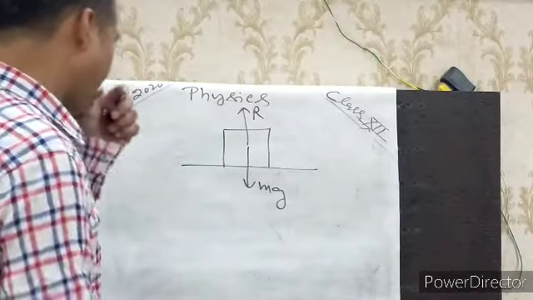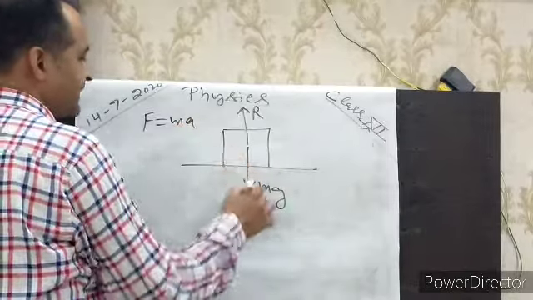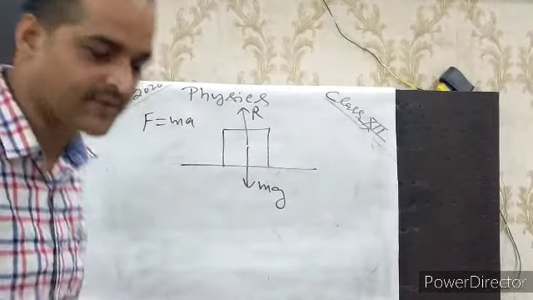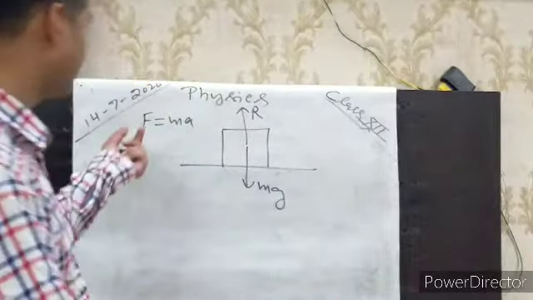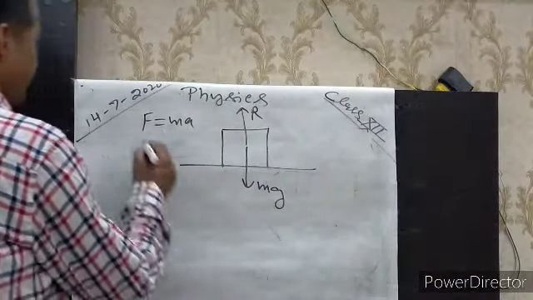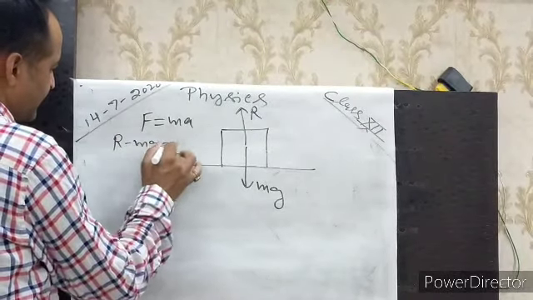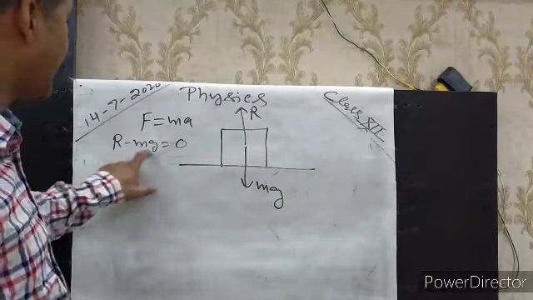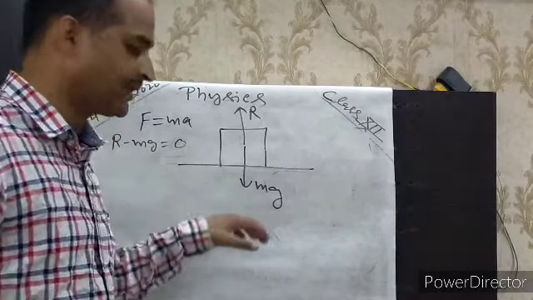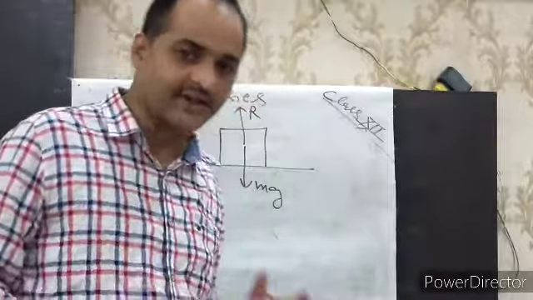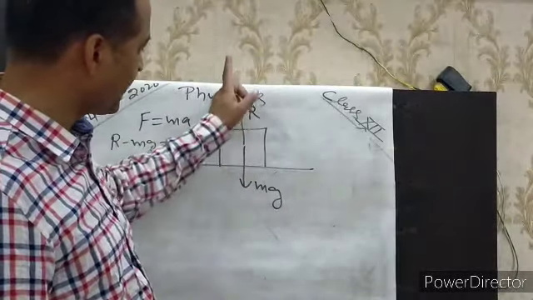Or we can use the formula F equals ma. Since it is not moving, there is no acceleration, and there are two forces acting. The sum of the two forces we have to take, that is F. Then F is R minus mg equals 0. Why is this R minus mg equals 0? Because F is the total force, means we have to add, but while adding we have to remember that this force is in the upward direction.